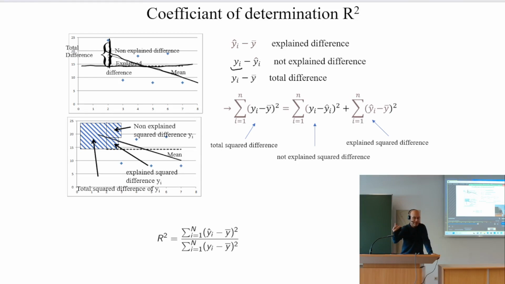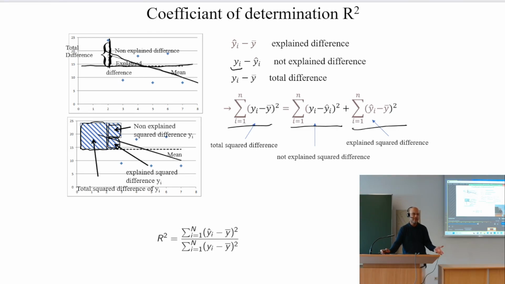Well, and again, then we make the step that we say, well, we want to use these squared distances. So this would be the total squared distance. This would be then the explained squared distance, and this would be then the not explained squared distance. And what we formally can say is, of course, the total difference squared is just the not explained distance squared plus the explained distance squared.